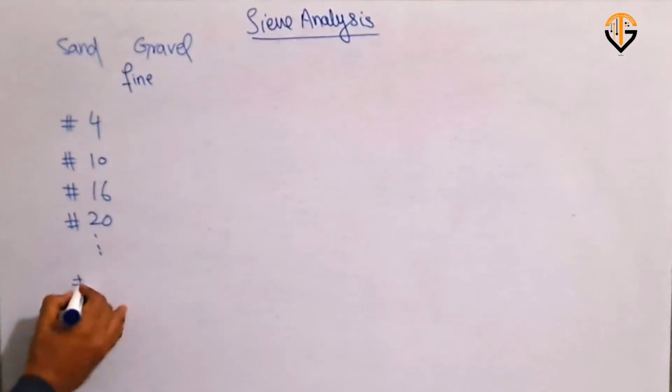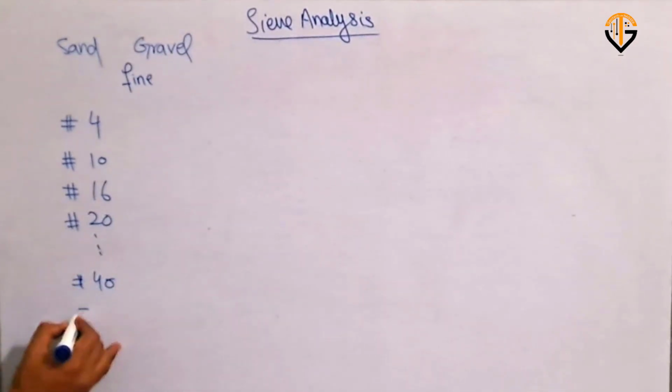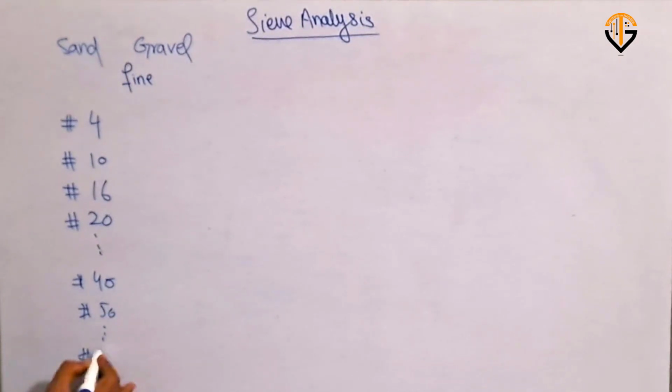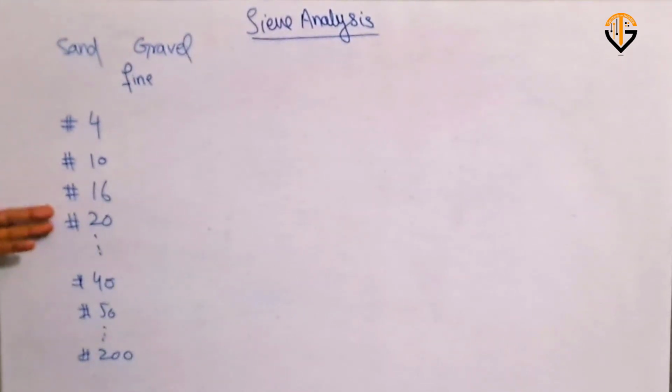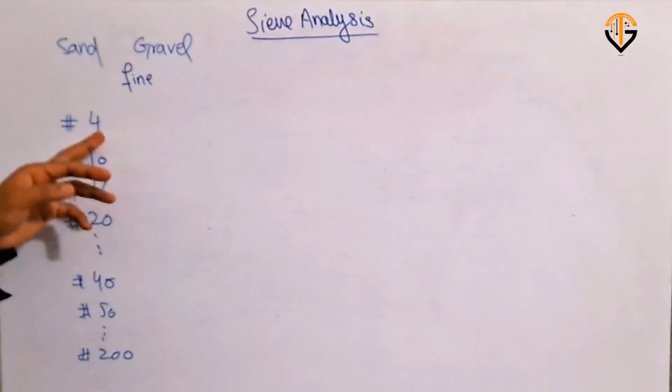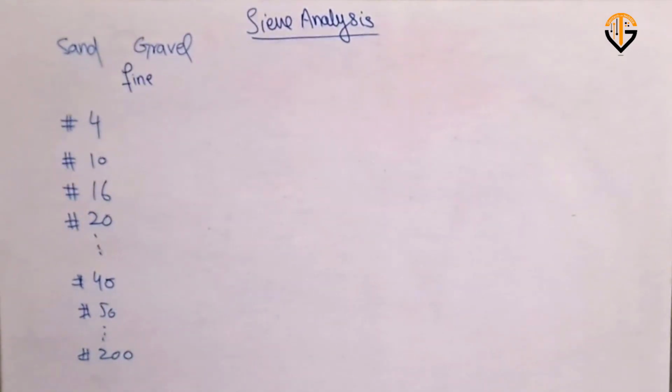We have sieve number 40, sieve number 50 and sieve number 200. These are different nomenclatures of sieves, defined based on the diameter of openings of the sieve.